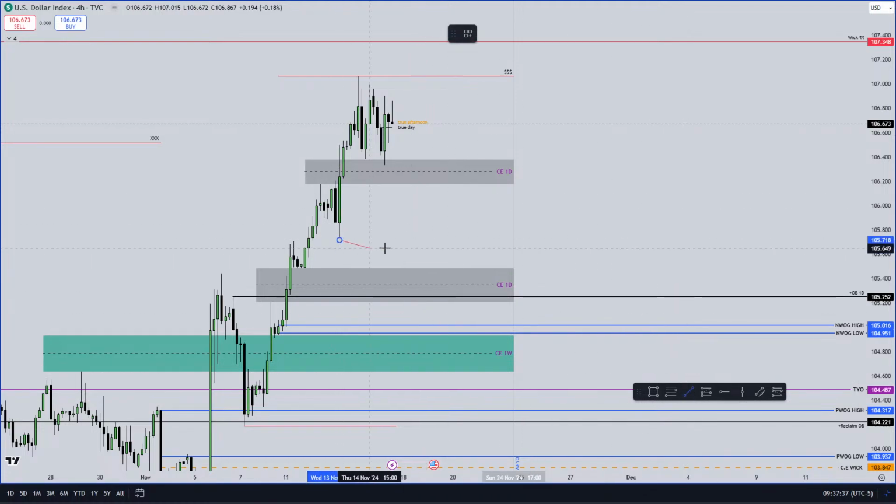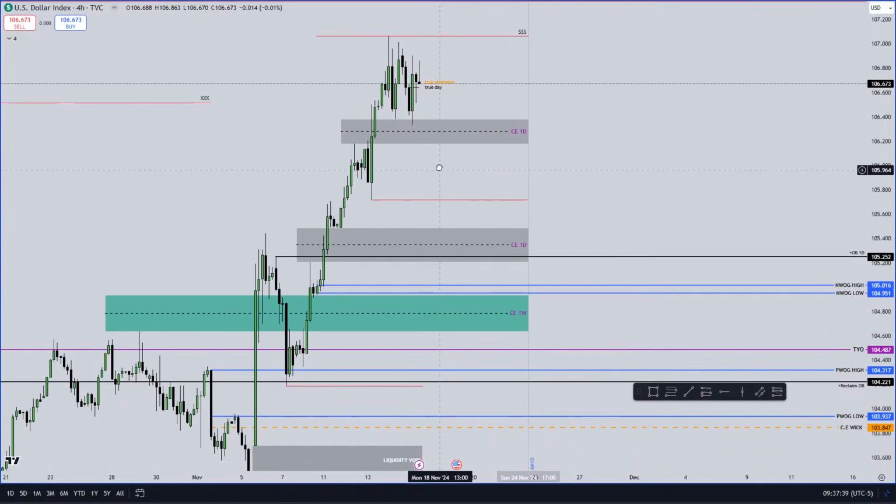If you want a target somewhere in the middle, you can take this low.